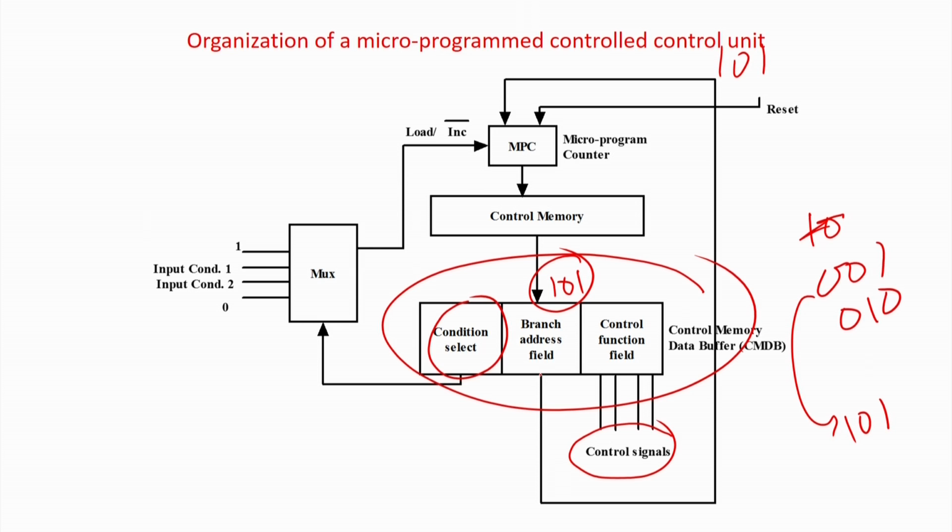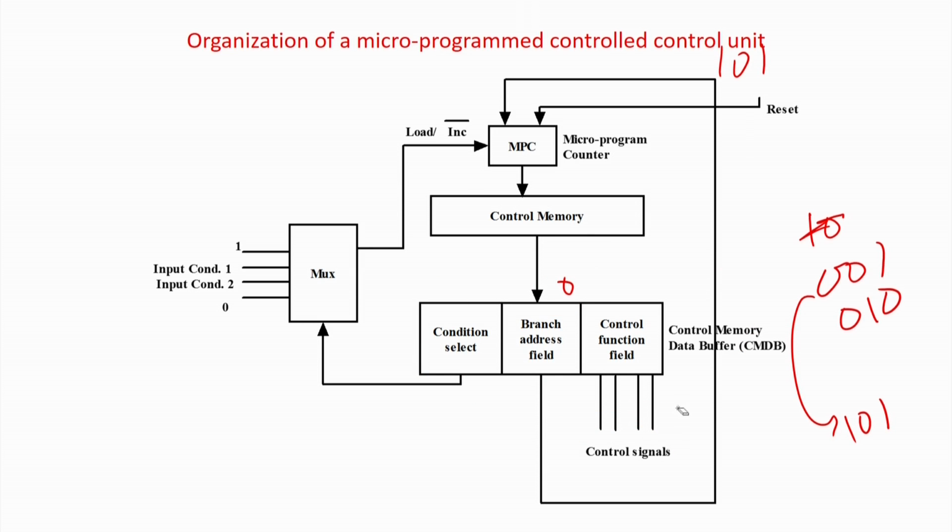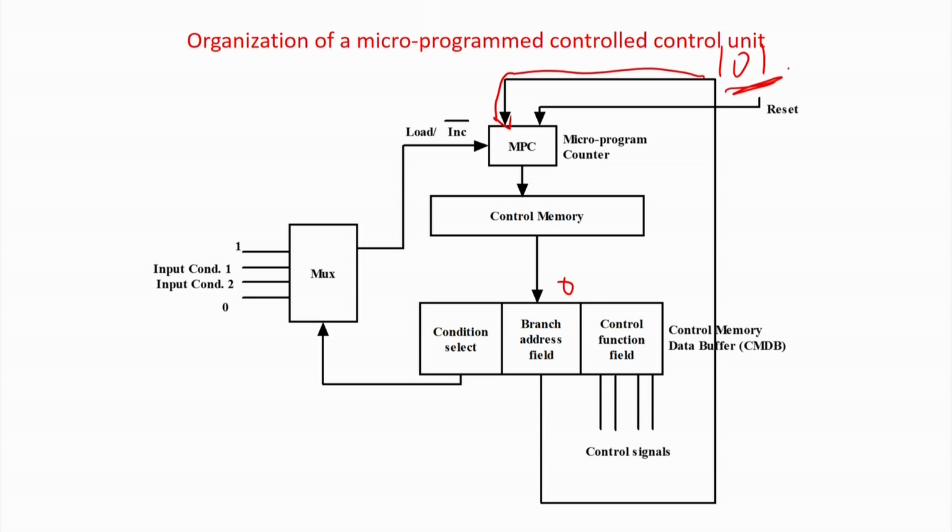So this part of the control signals will directly go to the ALU, the PC in and all these ports, but the branch address field is going to be one input to the MPC. If the jump condition is true, the MPC will directly take the value 101. So this jump address is what you are feeding as one input to the microprogram counter.